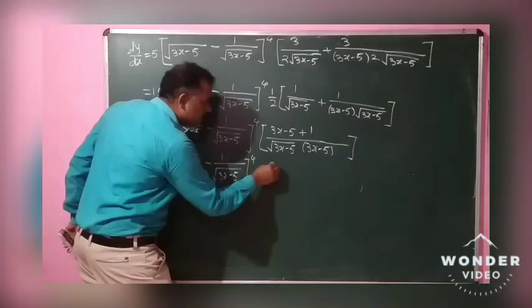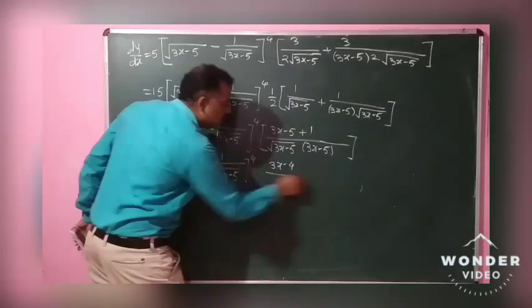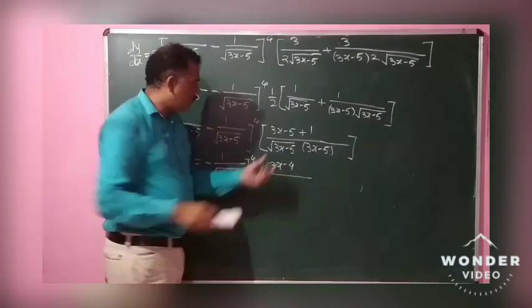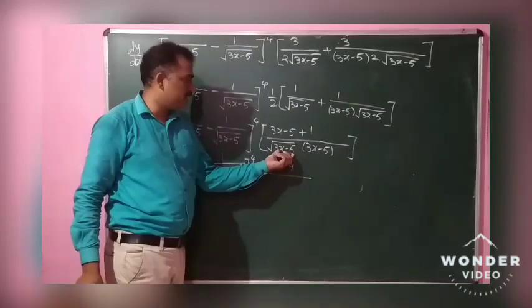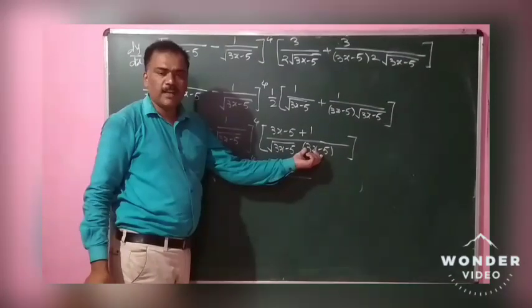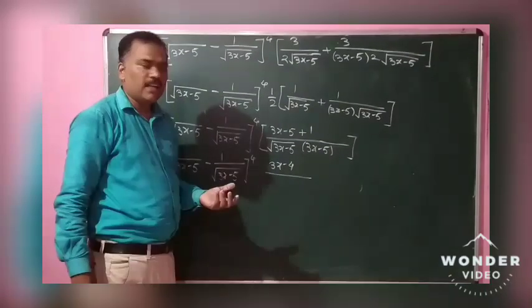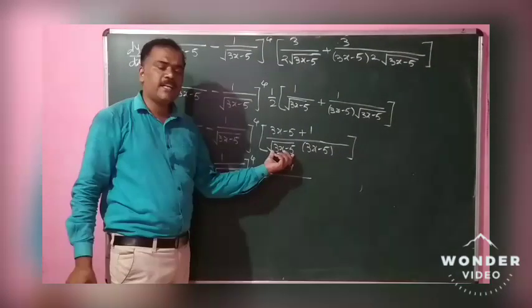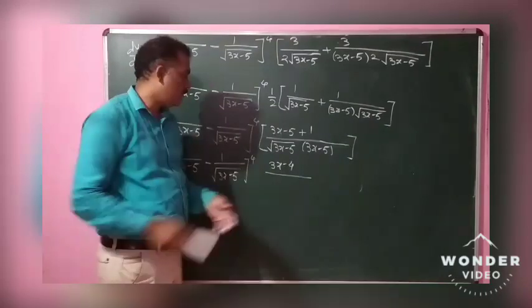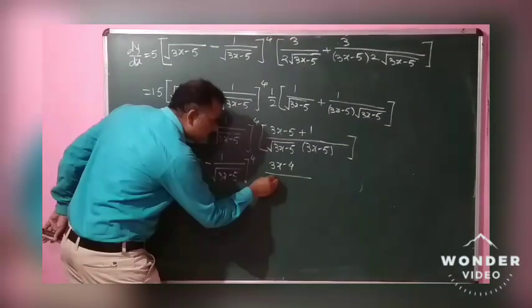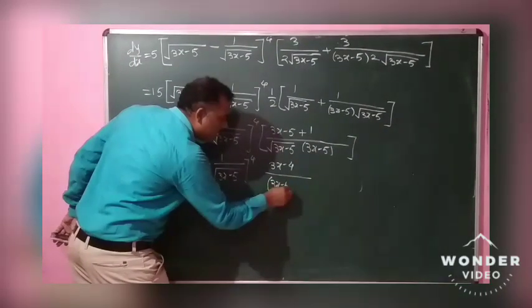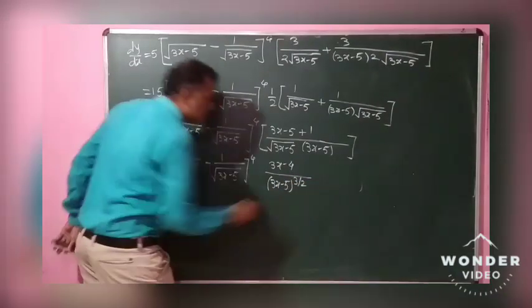So we can write 3x minus 4 divided by, here power of the 3x minus 5 is 1 by 2, and here power of 3x minus 5 is 1. 1 half plus 1, again by using the laws of indices, it is nothing but the power of 3x minus 5 is 3 by 2. So we can write divided by 3x minus 5 raised to 3 by 2.